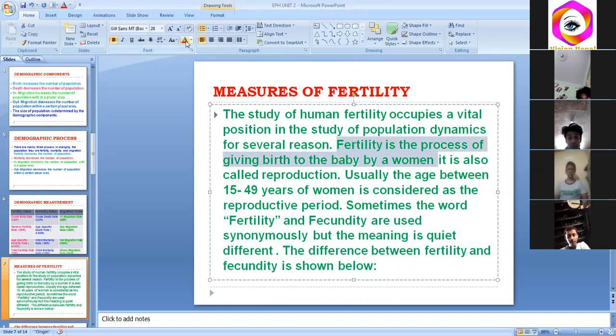Fertility is the process of giving birth to the baby by a woman.